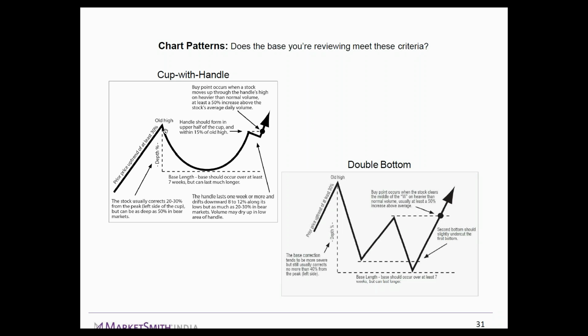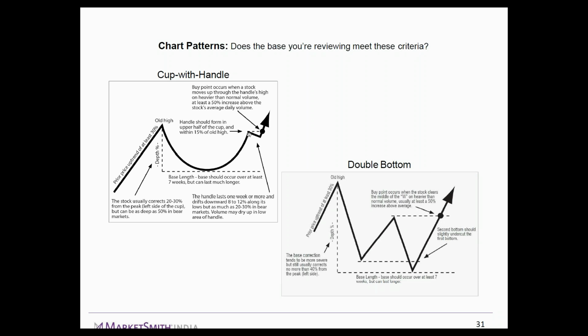Ideally, the stock usually corrects 20 to 30% from the peak, but this correction could be as deep as 50% when the market is in a bear market, in a downtrend, or is not doing well. This base length should occur over at least 7 weeks, but can last much longer. So at least 7 weeks should be there when there is a base formation.